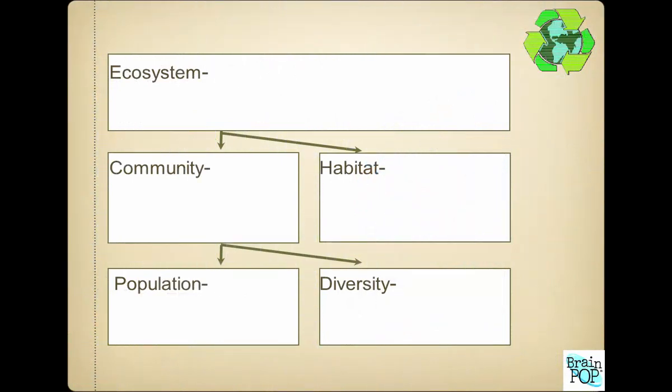So let's talk a little bit about the Earth and how we organize or categorize various parts. First off, we have this word ecosystem. When we talk about an ecosystem, we're talking about an area in which you have living things interacting, connecting with the non-living things around them.